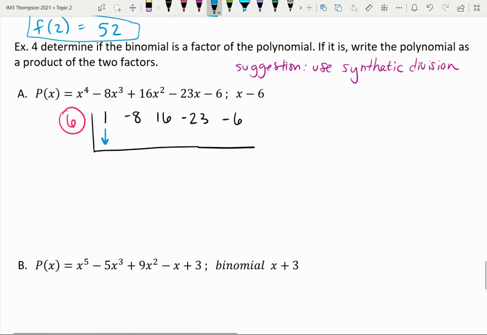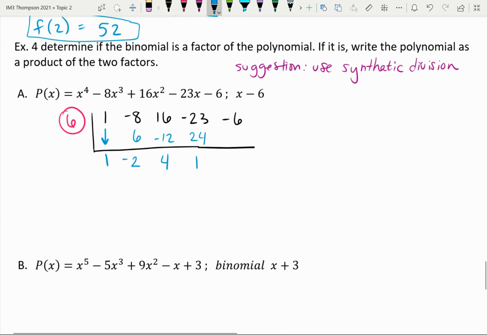All right. So I bring down the 1, multiply and add all the way to the end. 6 times 1 gives me 6. Add down, I get negative 2. 6 times negative 2 gives me negative 12. Add down, I get 4. 6 times 4 is 24.